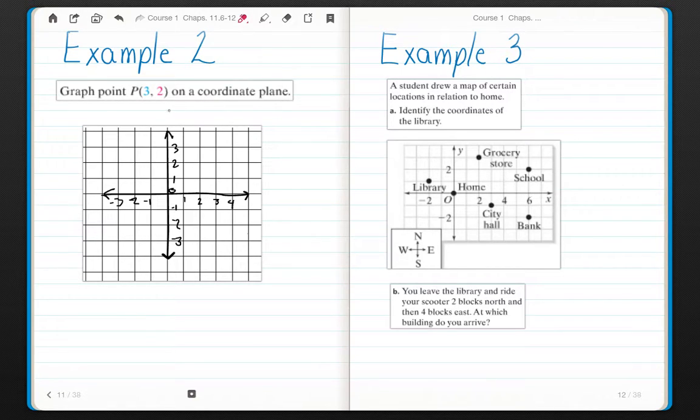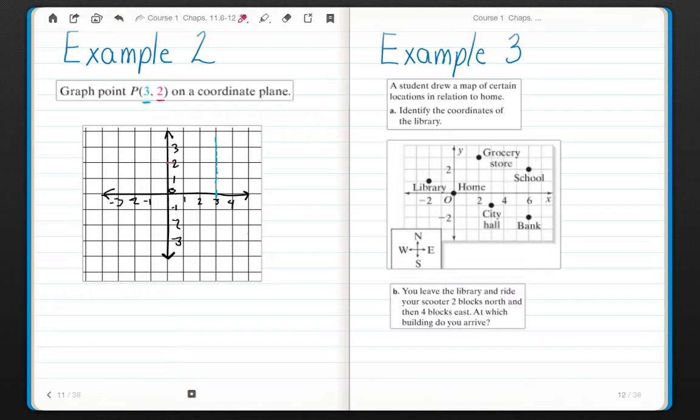Now, I want 3 and 2. So I'm going to start with my x coordinate. So x equals 3. So x is going to cross right here at 3. And I see that my y is going to be 2, so I know my point is going to go up this way. My y value is 2.